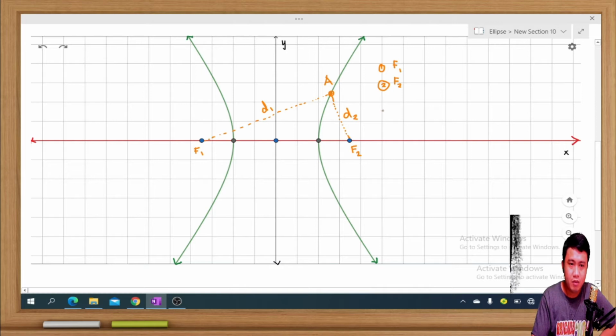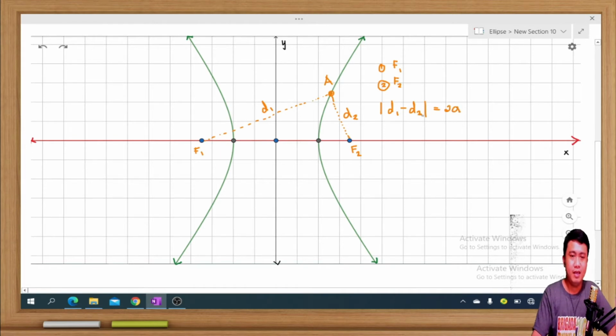Kung kukunin natin yung absolute value ng mga distances nila, yung difference ng mga distances, equal parati ito sa constant value, which is 2a. Ito yung pangatlo.